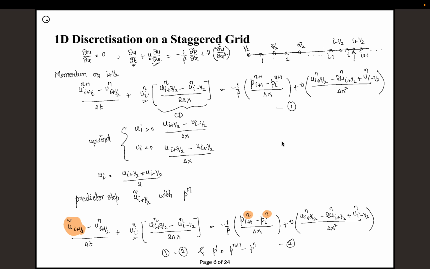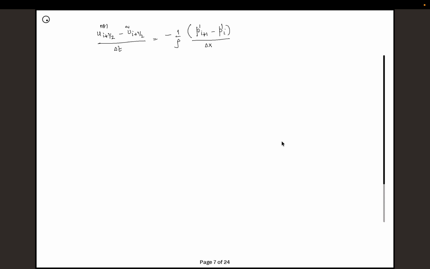So all that we are left with is the difference between these pressures, which gets converted into the pressure correction P prime, and the difference between these two quantities. And from this equation, we can write the expression for un plus 1 as whatever is the velocity obtained from the prediction step, minus delta t by rho delta x times P prime i plus 1 minus P prime i.